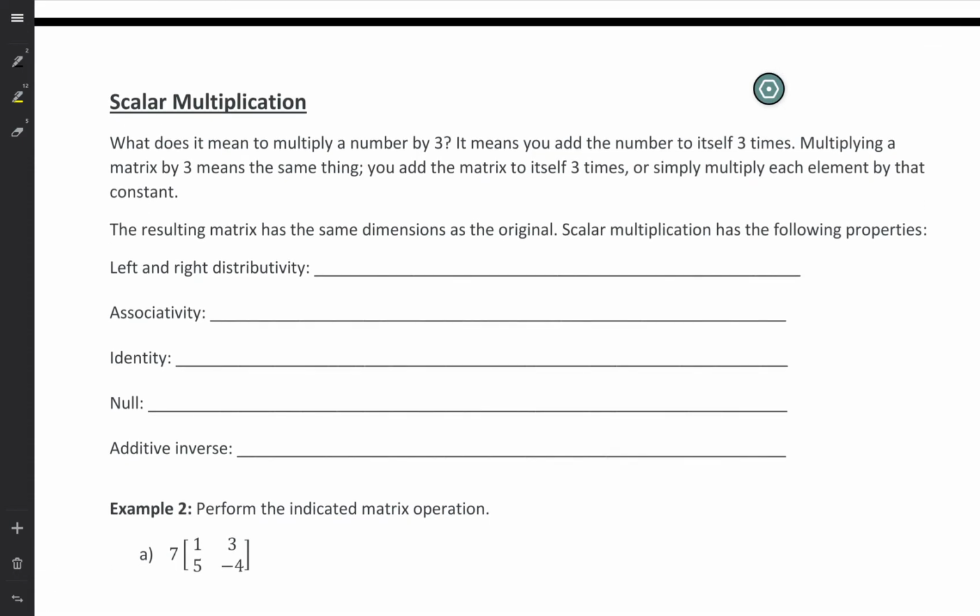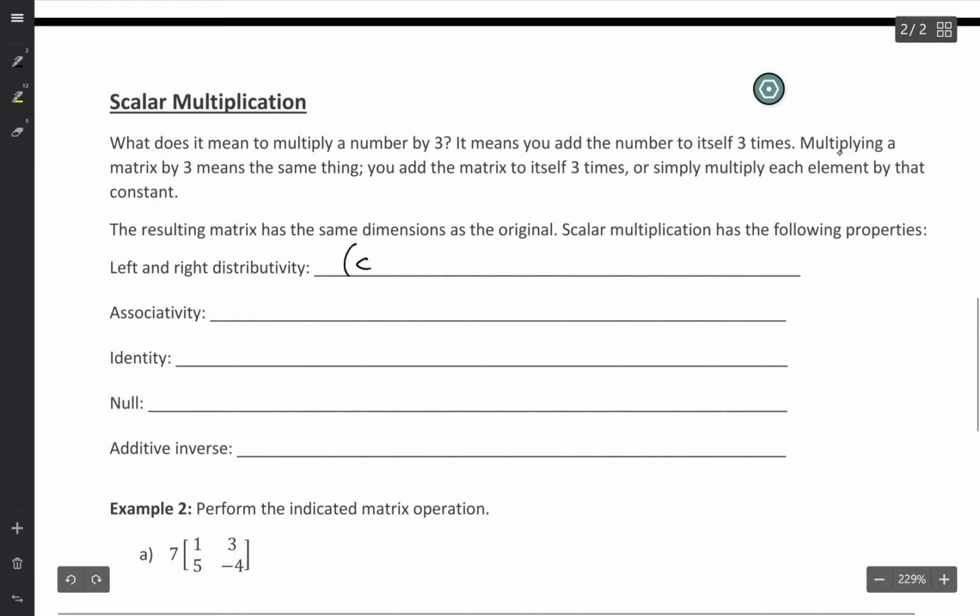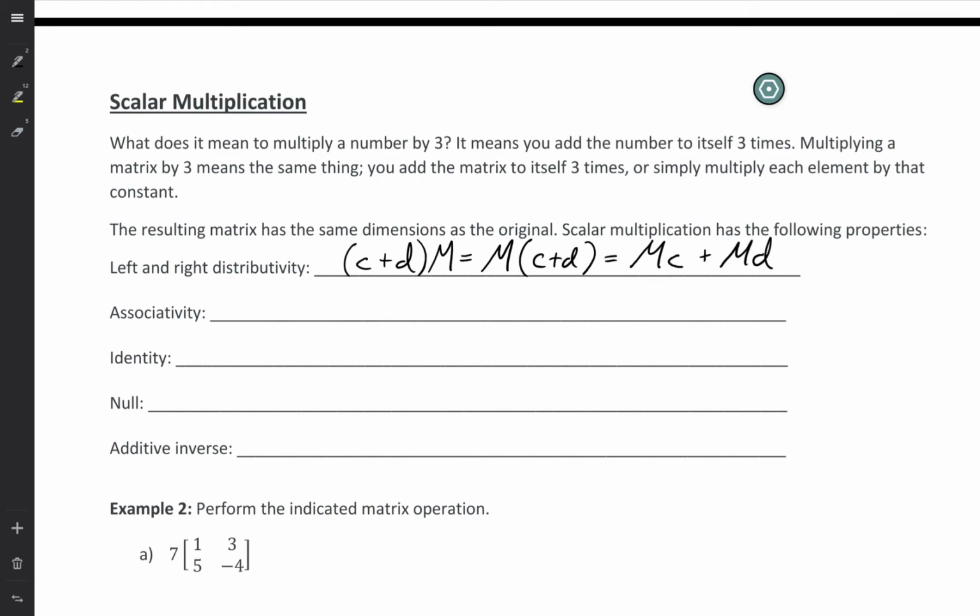Scalar multiplication has the following properties. It has left and right distributivity, which means that (C plus D) times M is equal to the matrix M times (C plus D), which is equal to the matrix M times C plus the matrix M times D. Keep in mind that C and D are the scalars in this property.